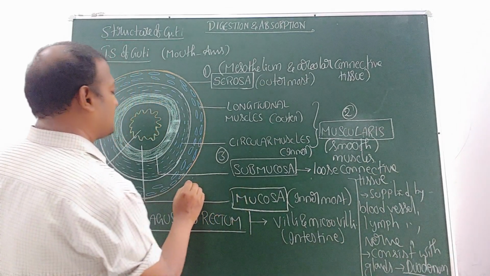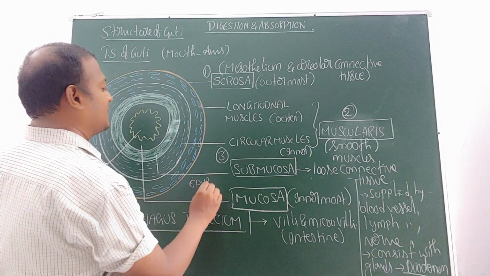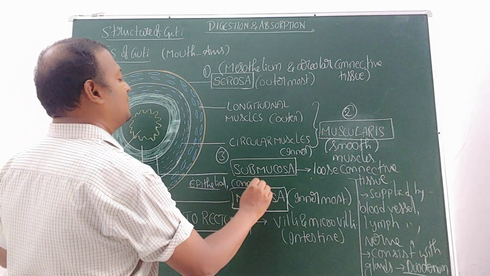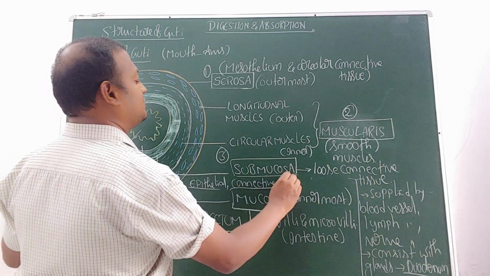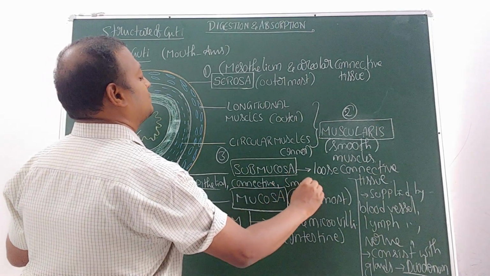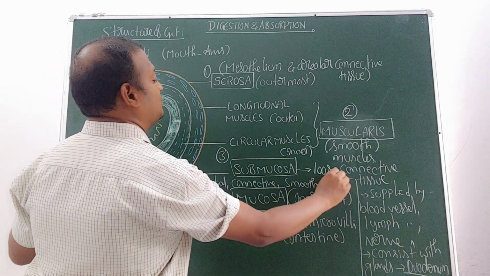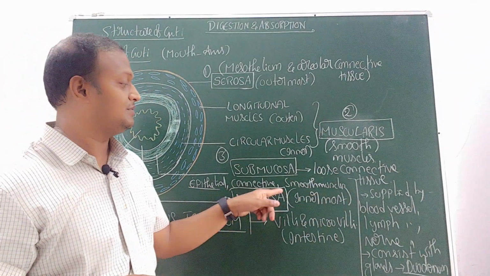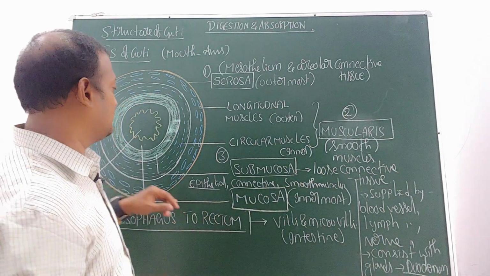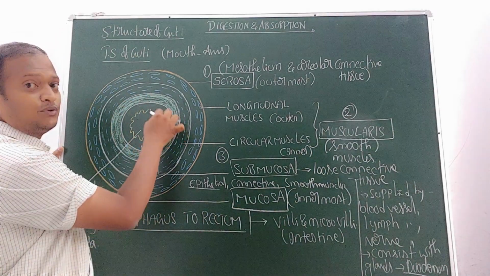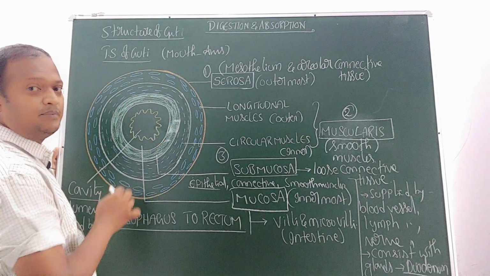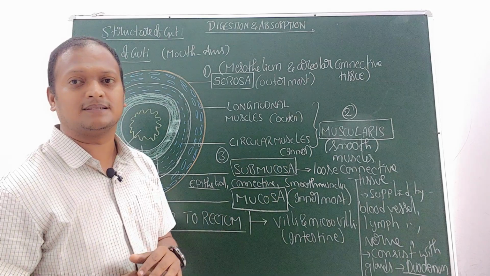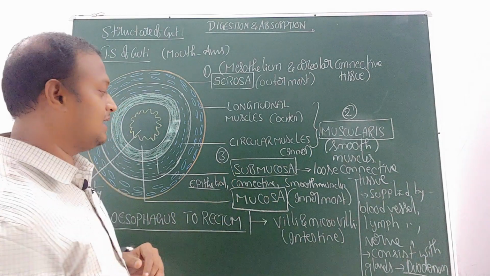So the mucosa has one layer of epithelial tissue, one layer of connective tissue, and smooth muscle. The epithelial tissue is innermost, and it is supported by connective tissue and smooth muscles. Is this clear, students?